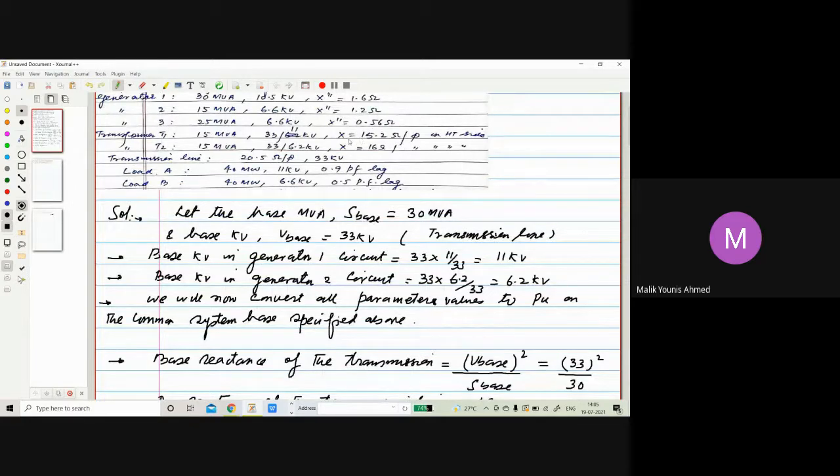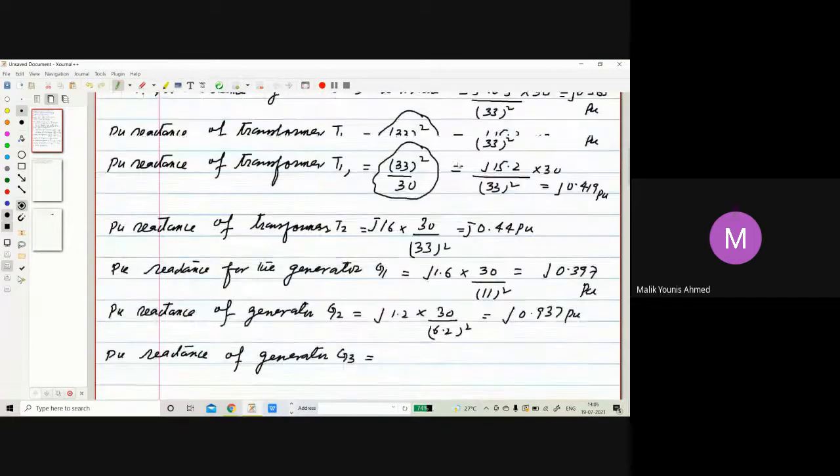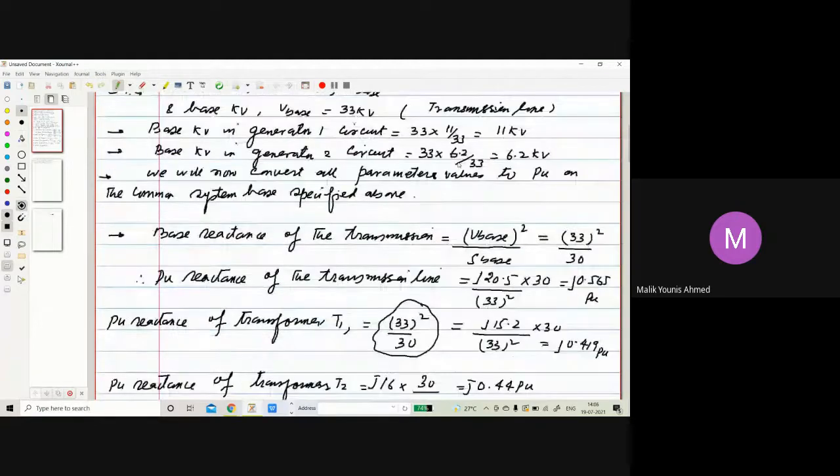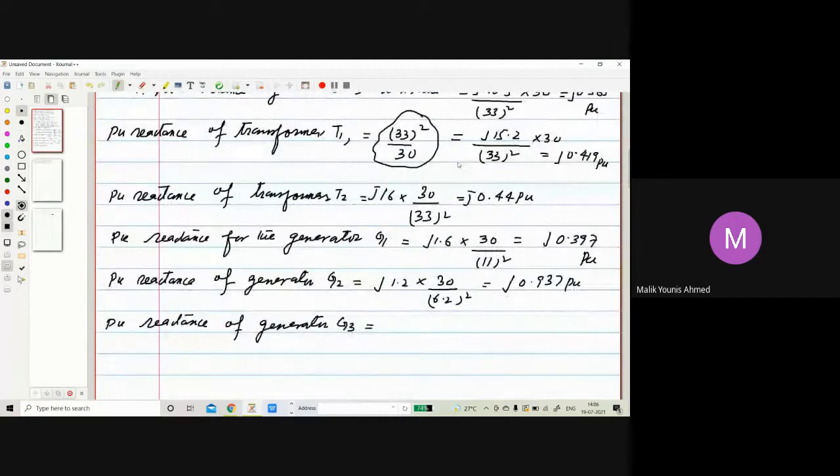The base value is the same, so j0.56 multiplied by 30 divided by 6.2 square. That comes out to be j0.437 in per unit. So these are the generators.